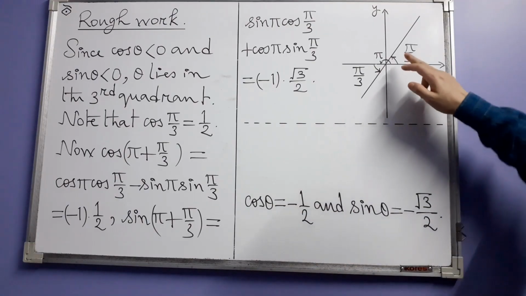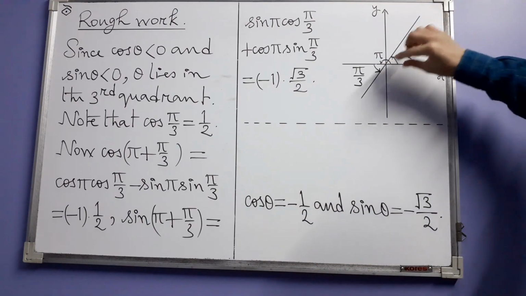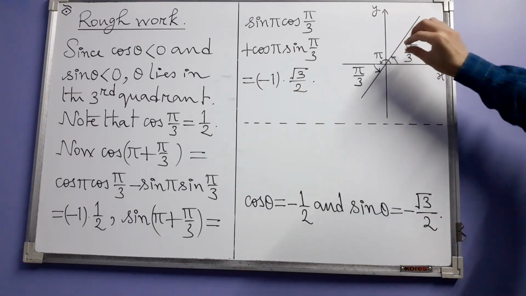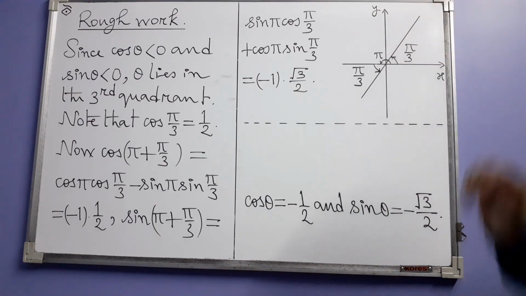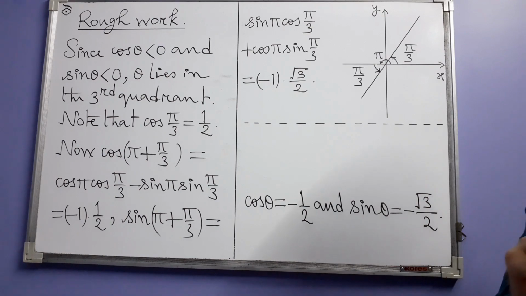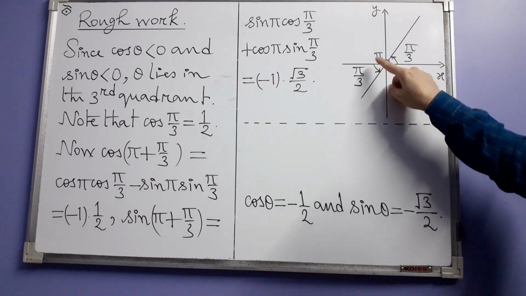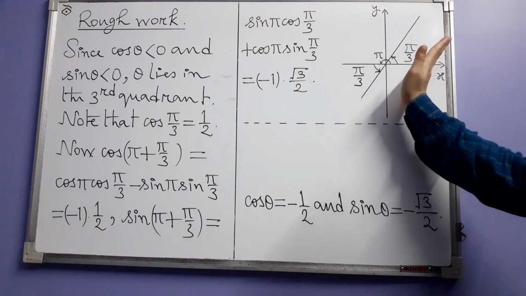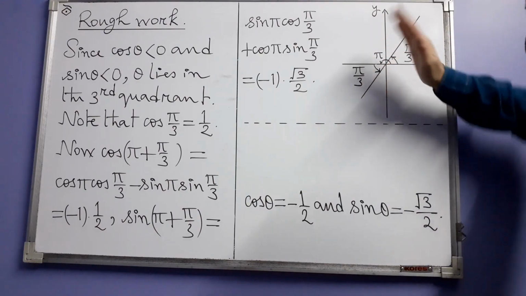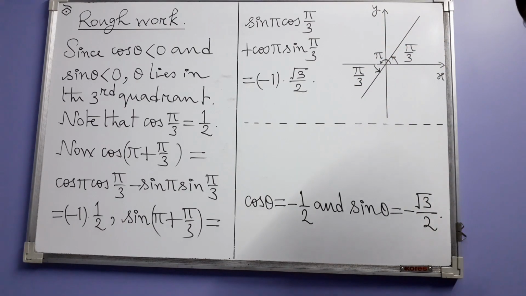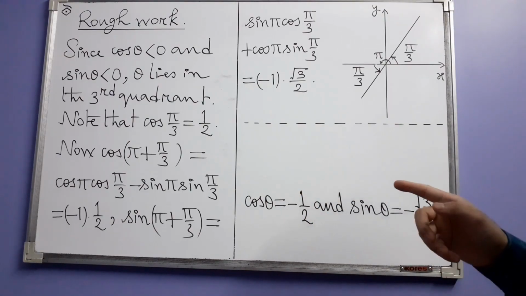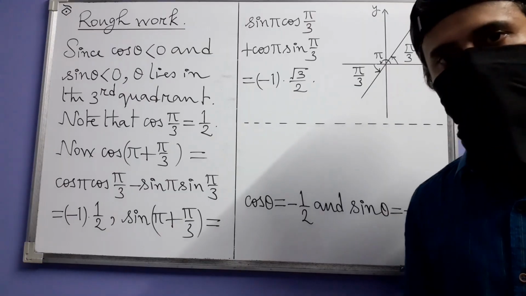But pi over 3 radian lies in the first quadrant only. We want our angle in the third quadrant. So we guess that if we add pi to pi over 3, then this angle may be a candidate of our theta. And then we verify if that is really the case.